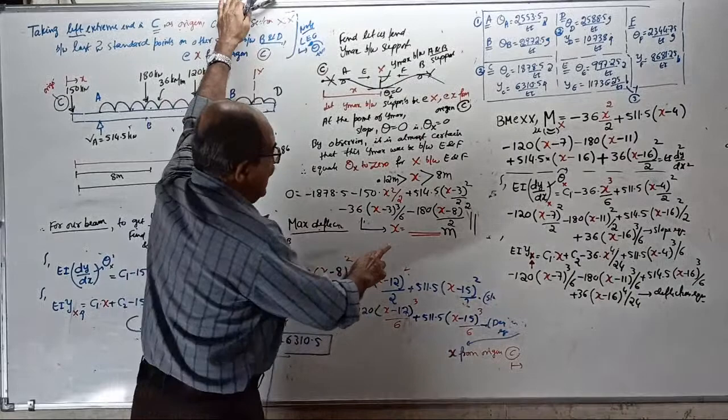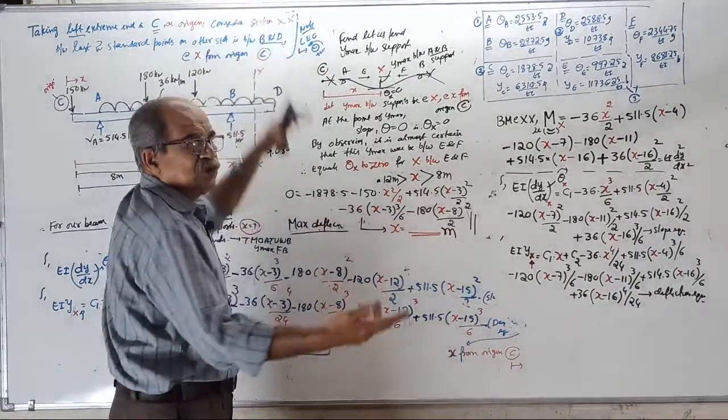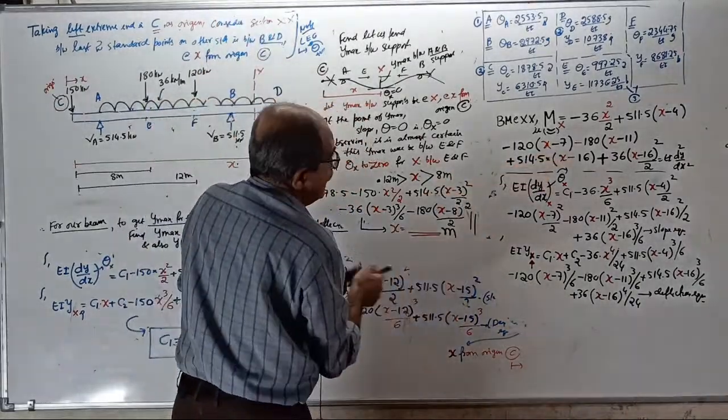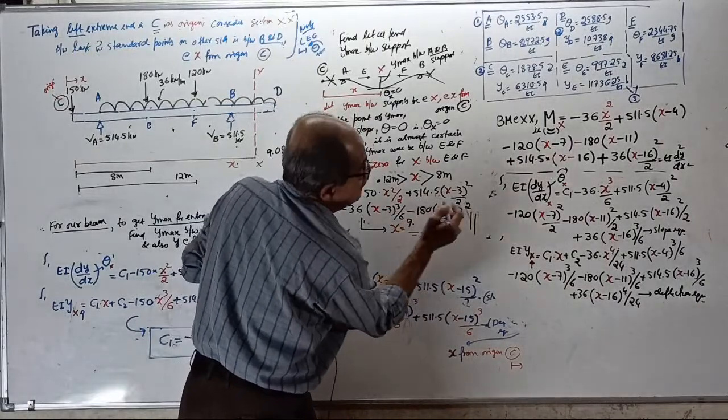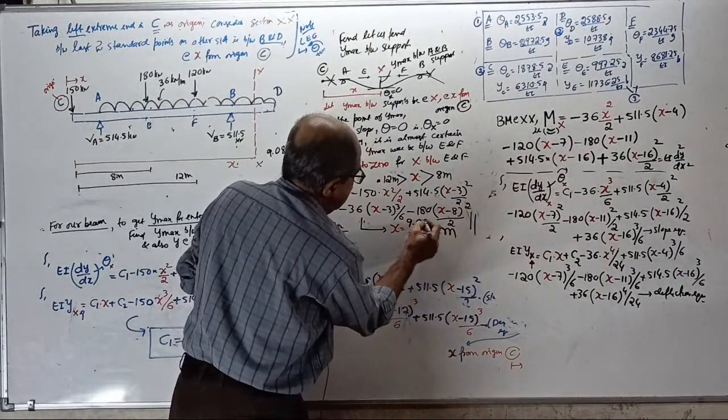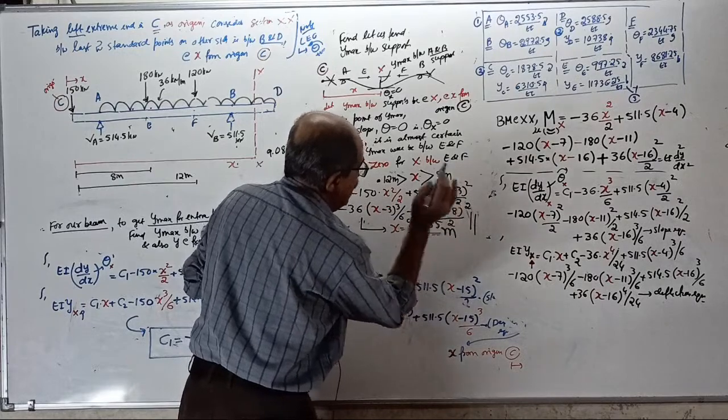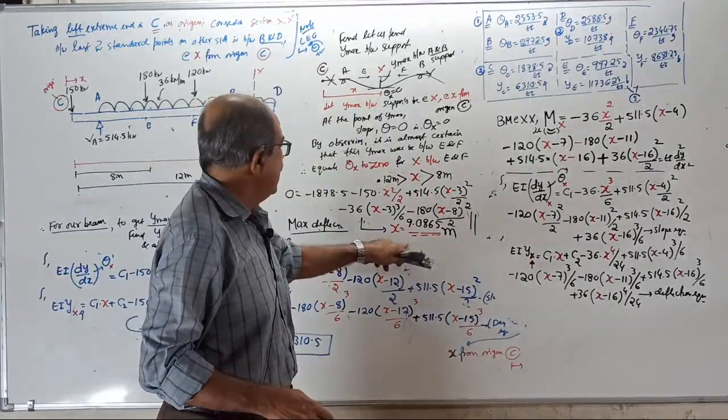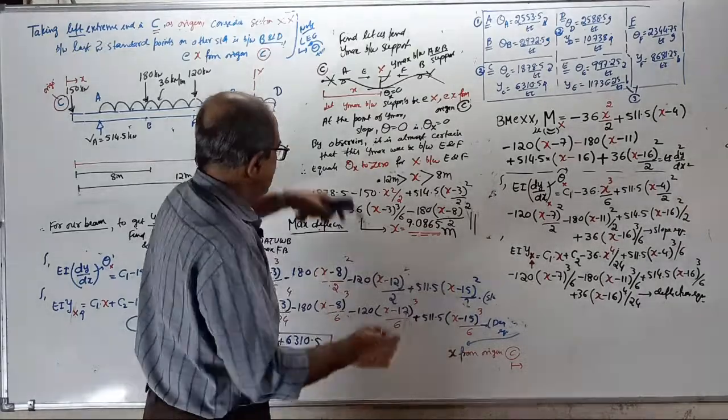Okay, now, x how much? Actually, I solved it. I noted the answer there. It will come 9.0865, because I do not want to waste time now here. X came 9.0865 meter.